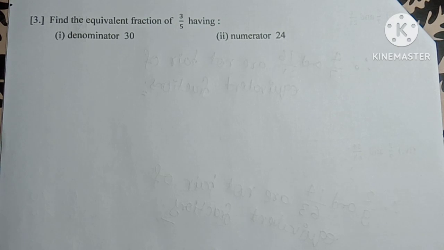Now to do so, you have to look at the denominator of the given fraction. The denominator of the given fraction is 5 and we have to get 30. So we will find in the table of 5 how many times it will yield 30.